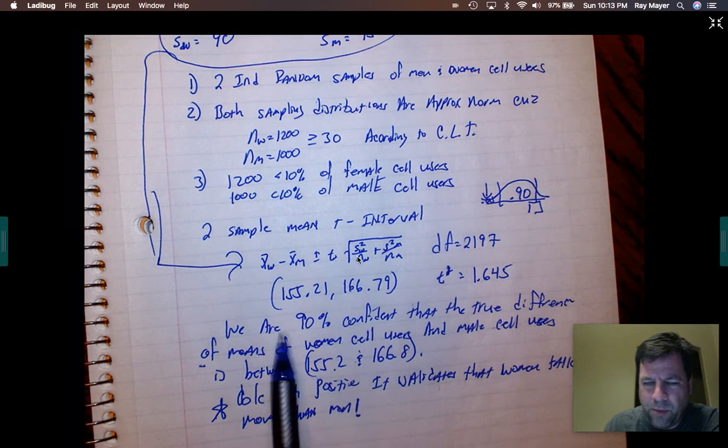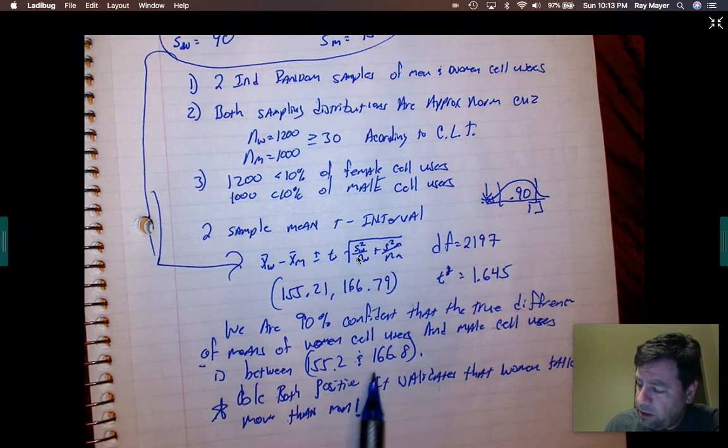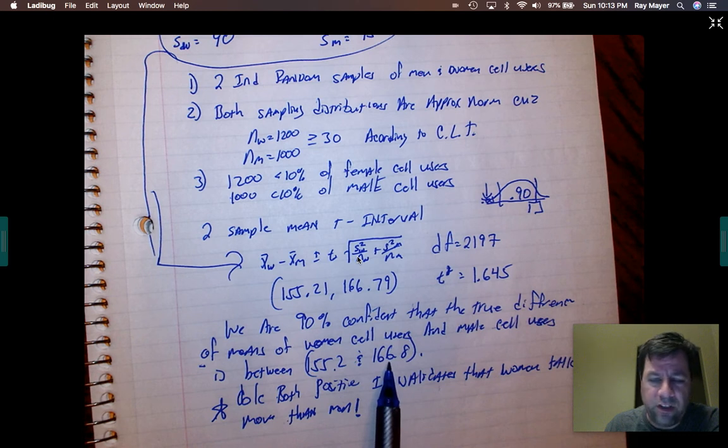You give me some numbers there, and statisticians would know what you're talking about, but some Larry, Joe, Mo, Curly on the street may not know what you're talking about. So if you say this right here validates that women talk more than men, you can actually say that women send between 155 and 166 more text messages. That's really what this tells me.